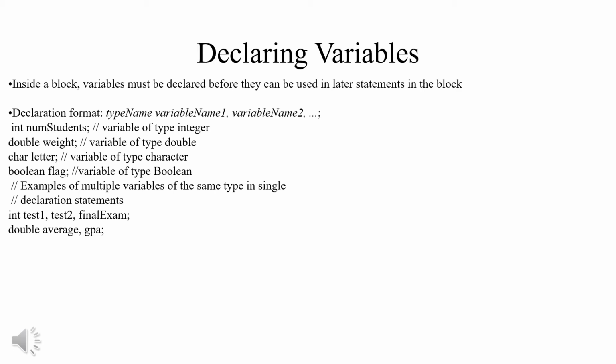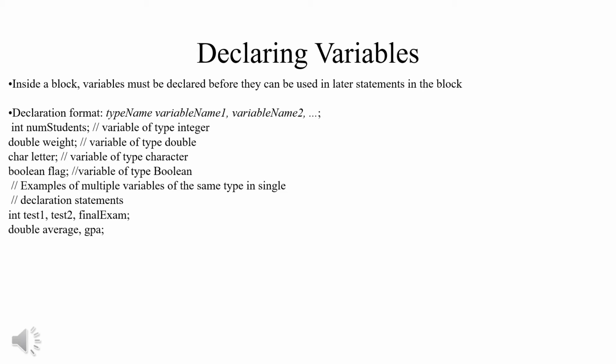What if we have several variables with the same type? For declaring such variables, we will use int, for example, the type name of those variables, and then we write down the names of the variables sequentially and separate them by a comma and at the end a semicolon.